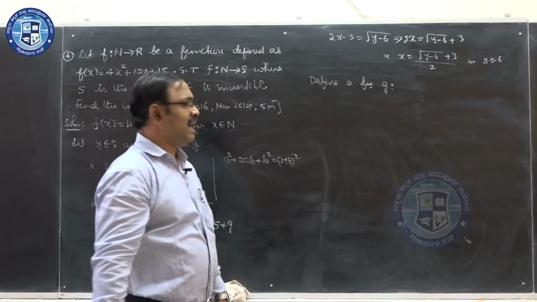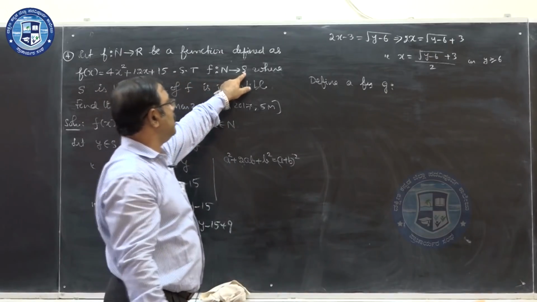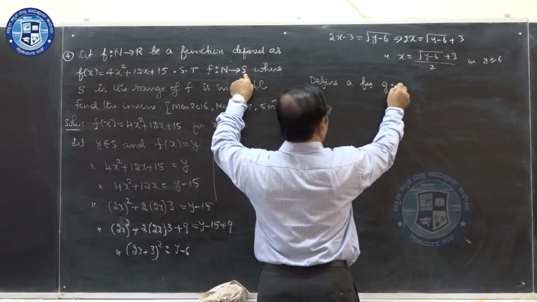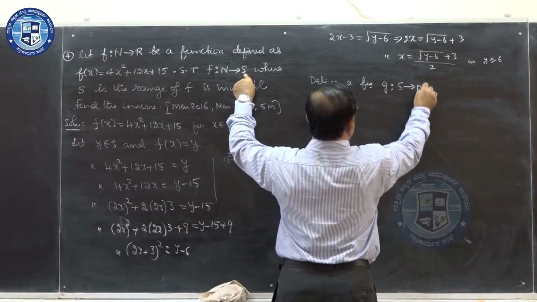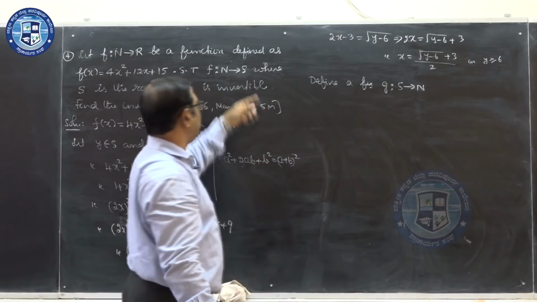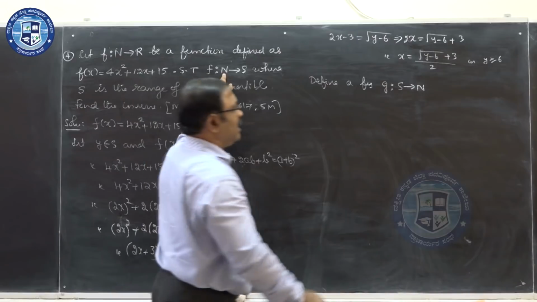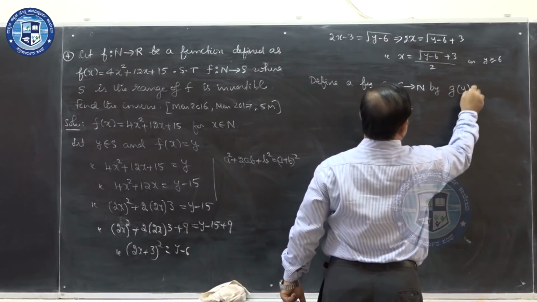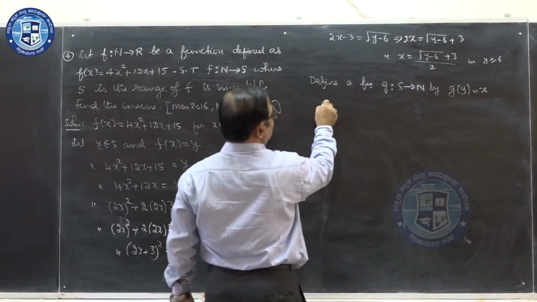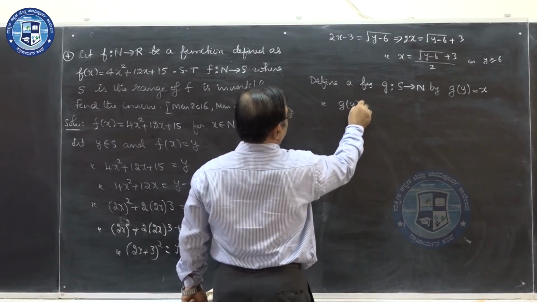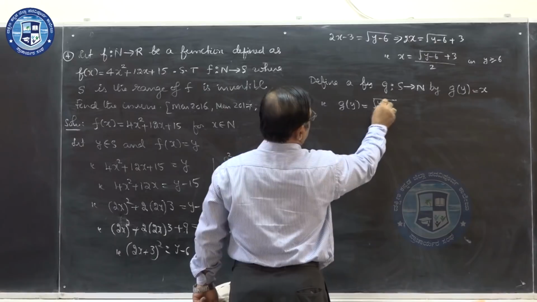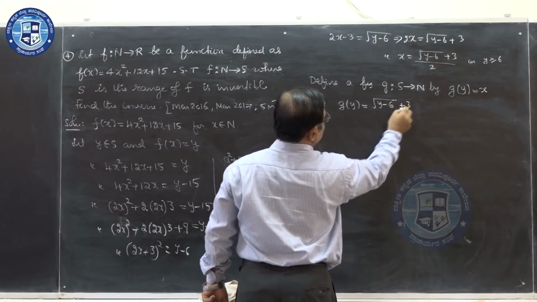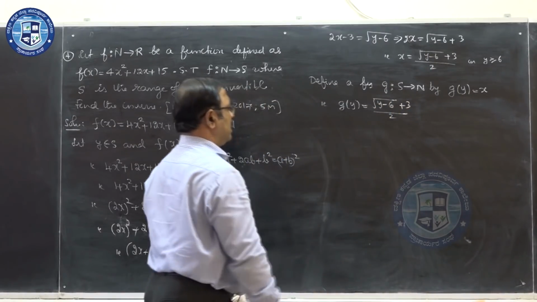From S to N. Define a function g from S to N by g of y equal to x. That is, g of y equal to root of y minus 6, minus 3 by 2.